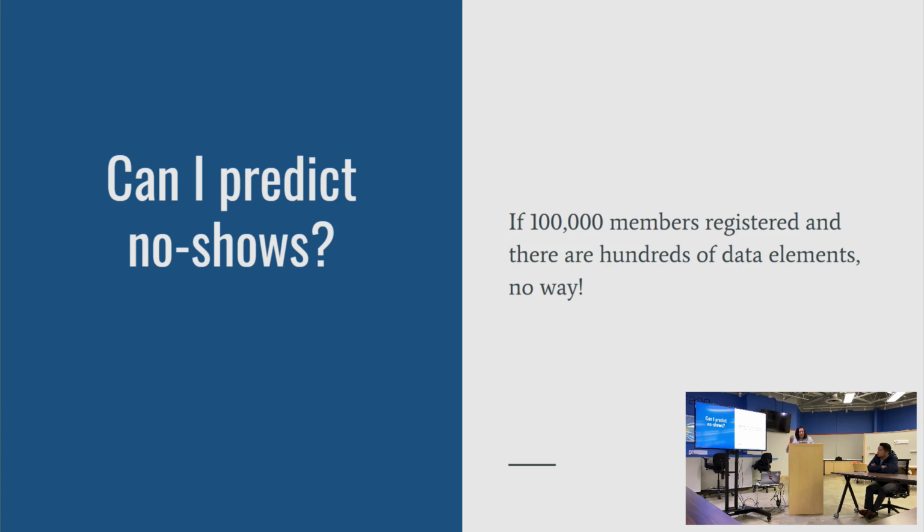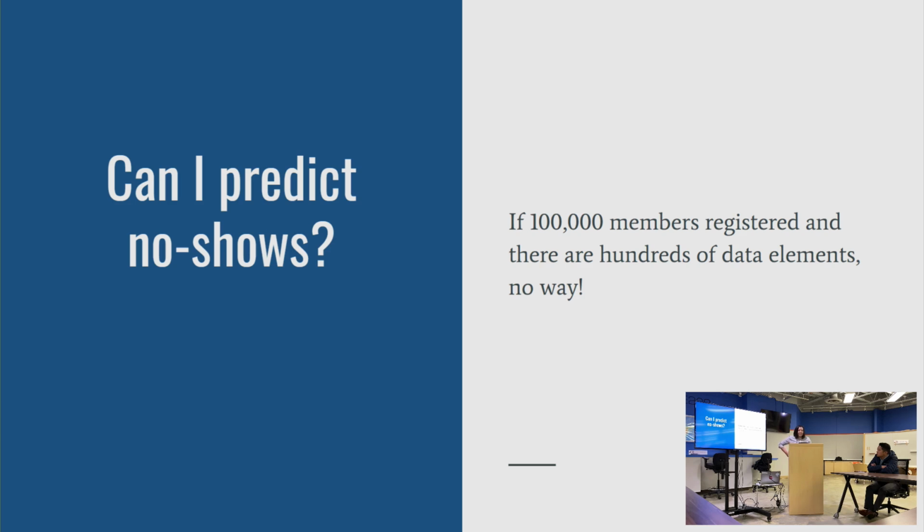But if we're talking more about maybe like patient data, where it's 1,000 appointments, or maybe a business and there's 1,000 bookings. So can we predict how many of those appointments are actually going to show up?